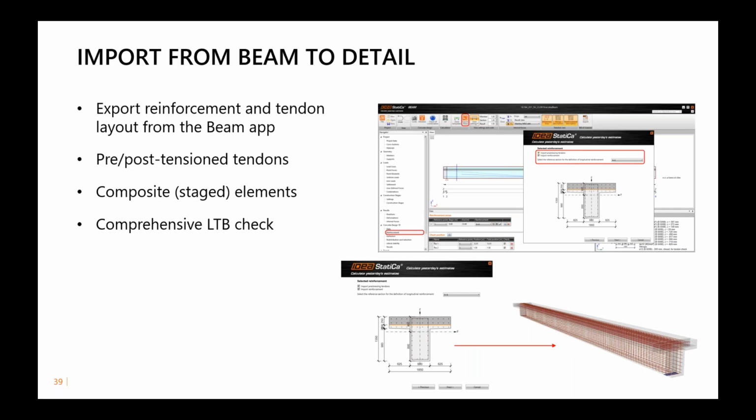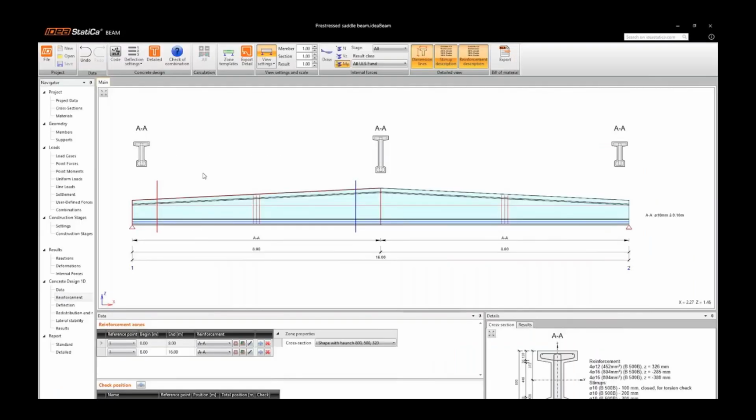And once you do this check, and you want to introduce openings in your beam, you export the designed beam to IDEA StatiCa Detail and do the advanced check there. So let me show you how it looks. I have such a pre-stressed roof girder.